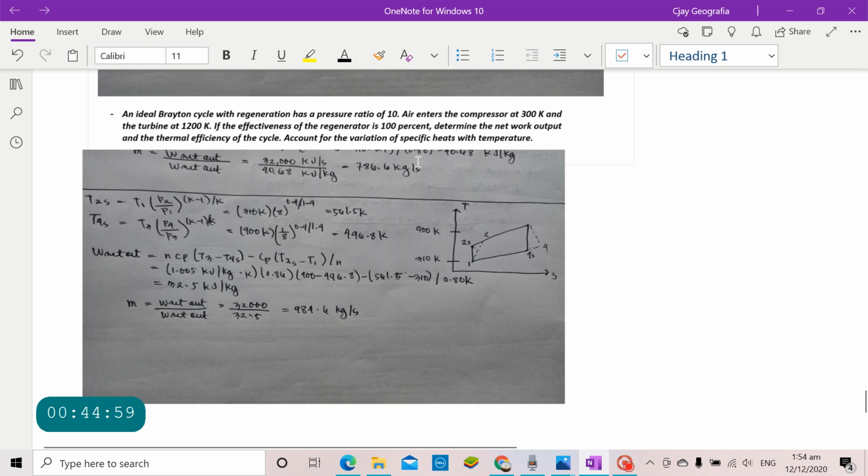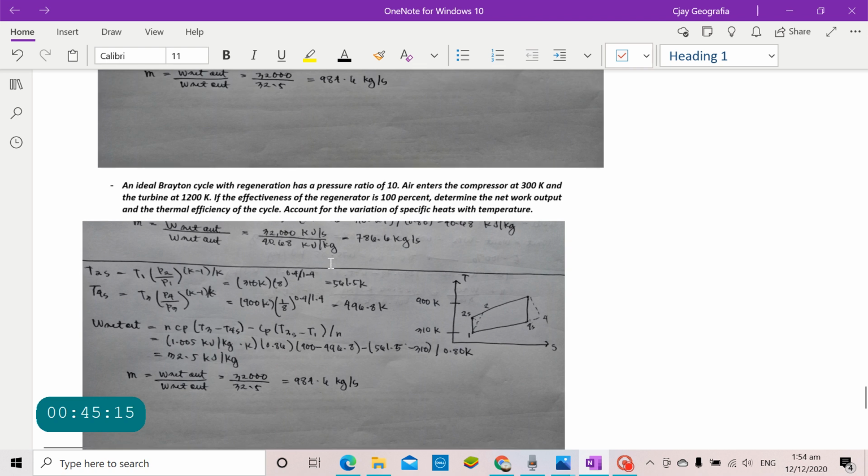We have this T1 here, 1.36 for this 900, for this 100% regeneration cycle here.